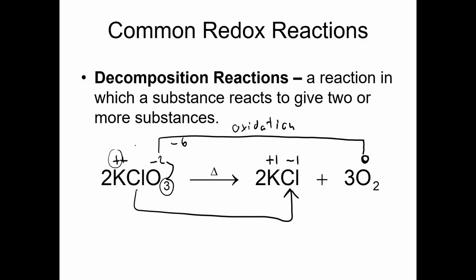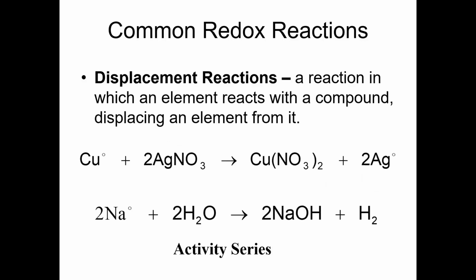That means that chlorine is going to have to be +5. So chlorine undergoes reduction. So chlorine, in order to go from +5 to -1, has to gain 6 electrons. But for now we are just assigning oxidation numbers, and then identifying what's oxidized and what's being reduced.